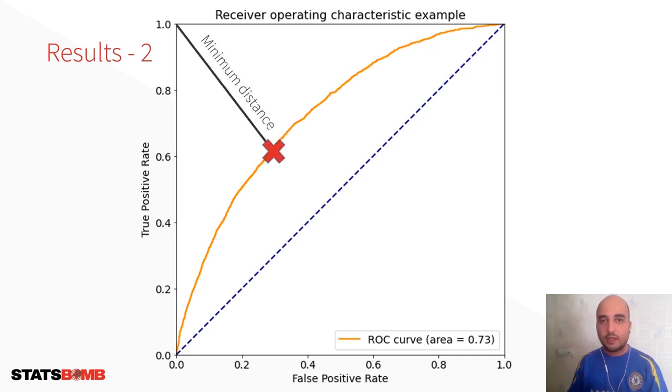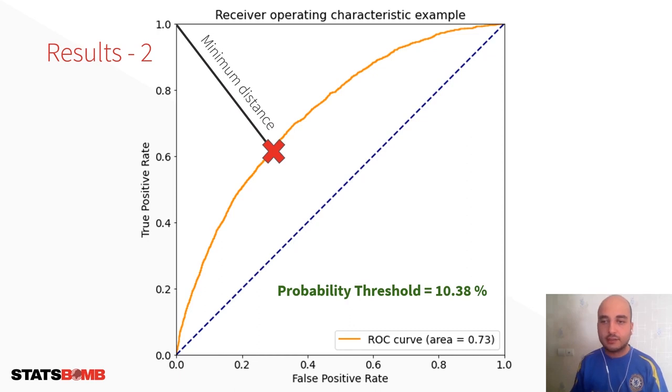That's why, using the minimum Euclidean distance of the point on the curve to the top left point, 0 on the x-axis and 1 on the y-axis, we end up with a probability threshold of 10.38%.